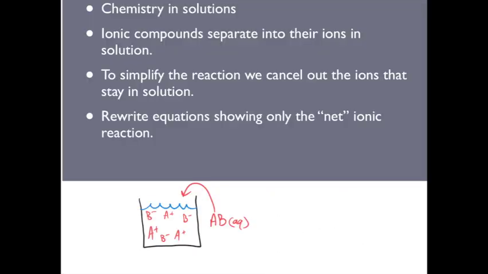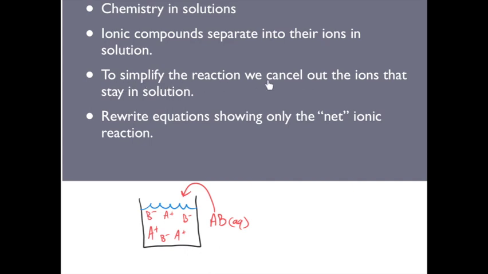As you just saw, net ionic equations result when ionic compounds that are separated into their ions in a solution are mixed with another set of ionic compounds that have been separated into their ions, and some of those ions happen to find each other. And when they find each other, they precipitate or form a solid because they are insoluble. And the ions that do not precipitate just stick around.